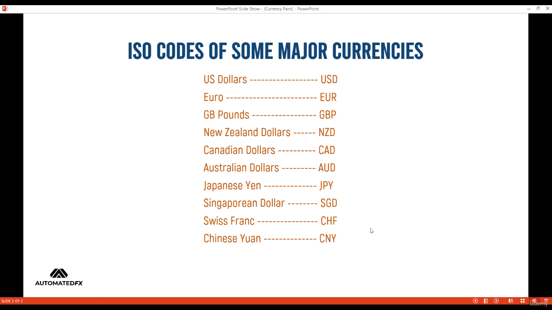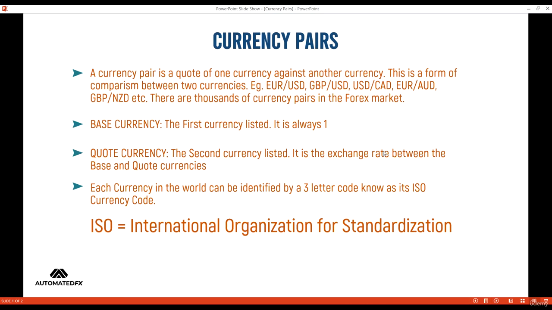These are just the ISO codes of some major currencies. You can just Google the ISO code of any currency you want, and you're going to get it. It's online and very easy to access.